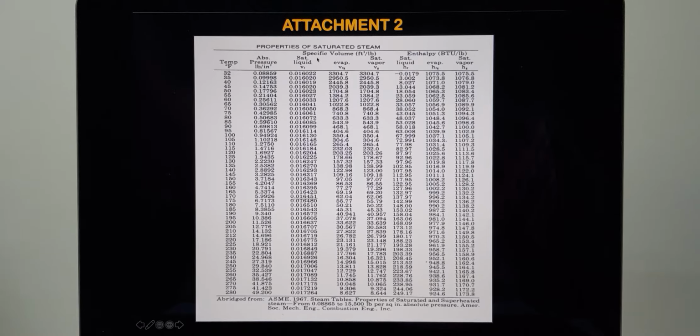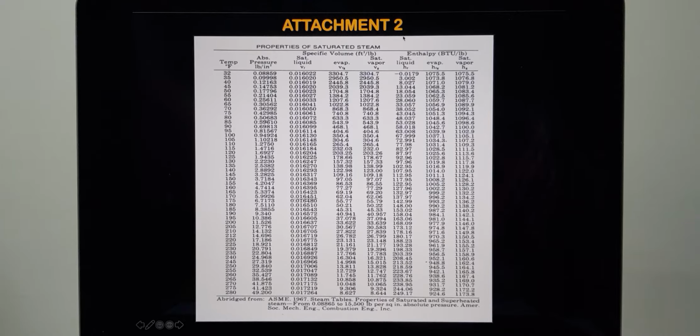Then you have the columns for the specific volume for saturated liquid, evaporation, as well as saturated vapor. These three columns are not really going to be used in your chapter. We are interested in the last three columns, enthalpy. Can you look at the word enthalpy? The unit is BTU per pound. Just now for attachment 1, the unit is kilojoule per kilogram.